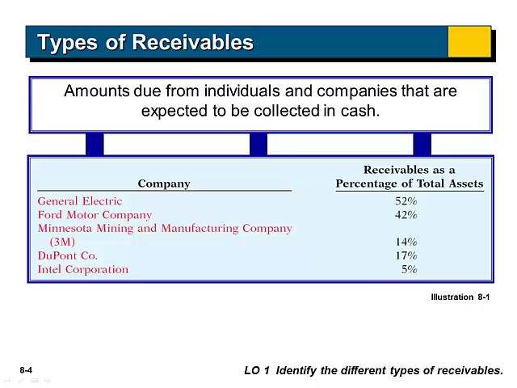Ford Motor Company, 42%. 3M is much smaller, 14%. DuPont, 17%. And Intel is only 5%. So there's no magic number as to what mix of assets should be receivables. Different companies operate differently. They have different credit terms, perhaps. They sell more things on account, so they may have more outstanding receivables.